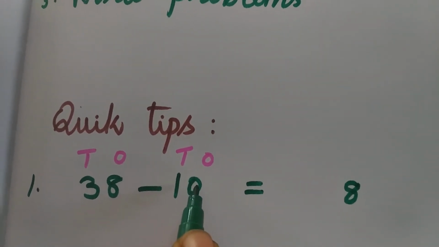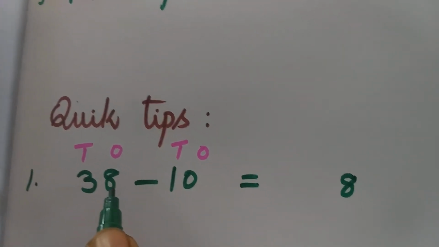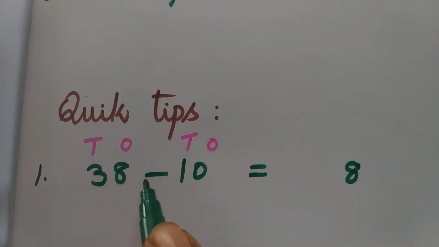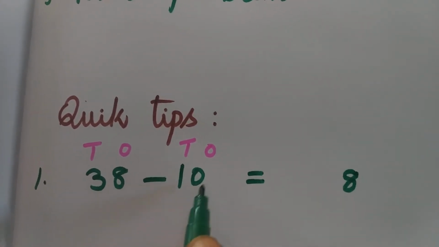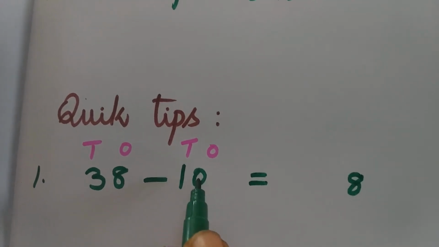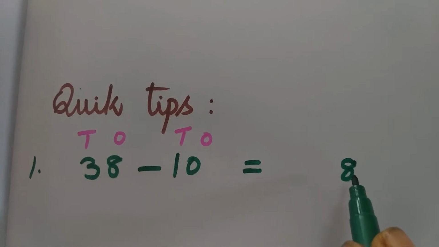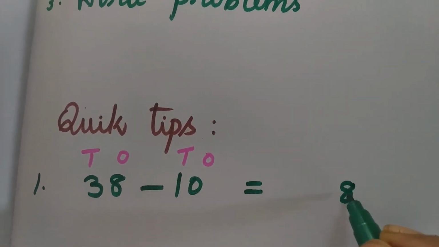So if you subtract 0 from 8, which is the largest number here? 8 is the largest number. Yes, very good. So from the largest number you are subtracting 0. 0 means there is no number. So what will be coming? The same number only will be coming. So in the ones place the number 8 only will be coming.